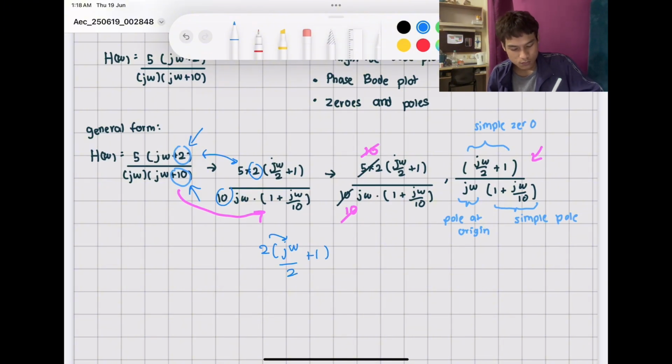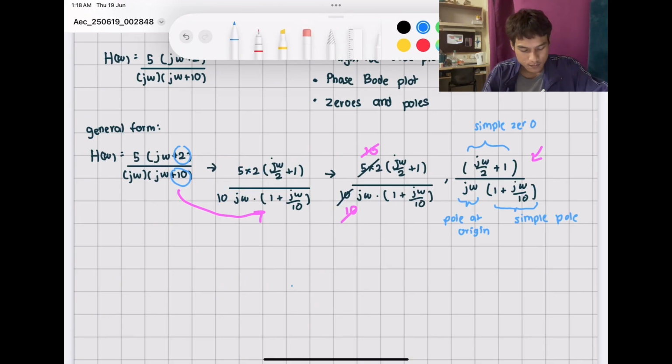You will get 2 times j omega, and 2 times 1 gives 2. So we get the same function as before. The same goes for the denominator.